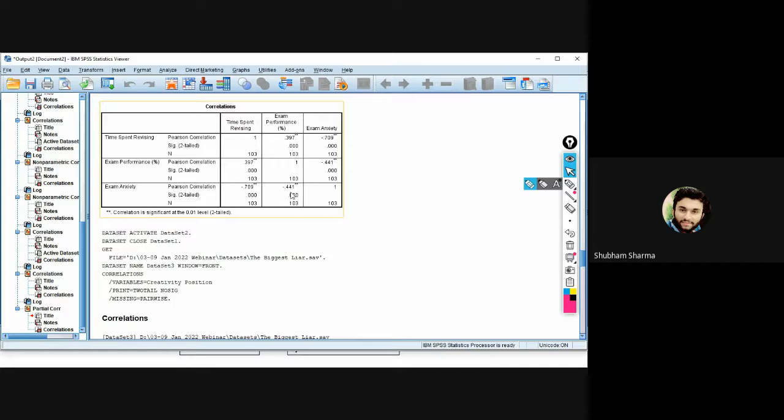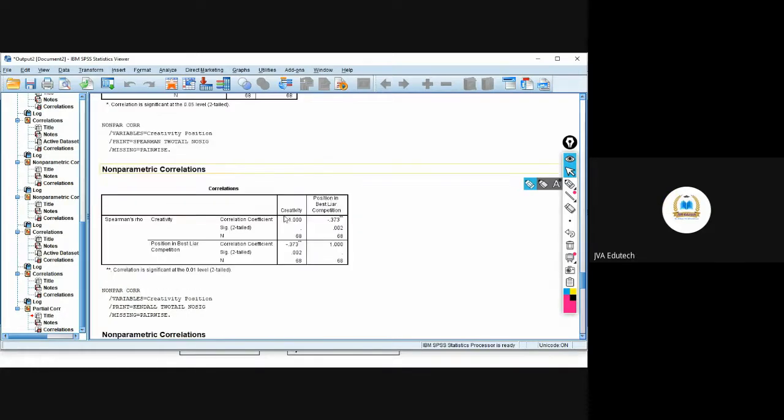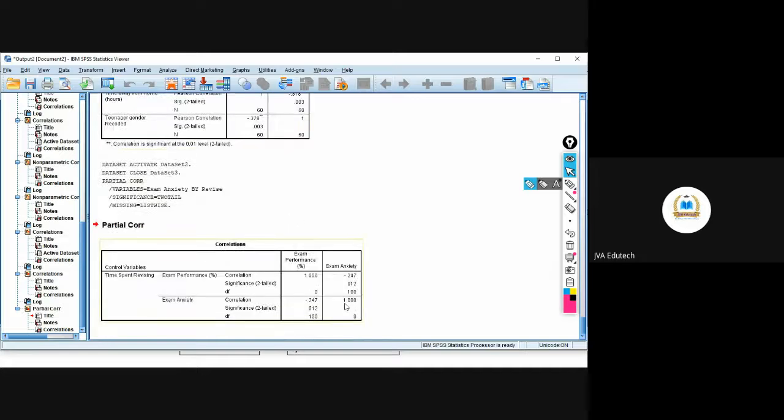Initially it was 0.441. But when you controlled the time spent revising, the relationship between exam anxiety and performance decreased to 24.7. It remains negative, but from a moderate relationship it has become a weak relationship. Are you getting my point?